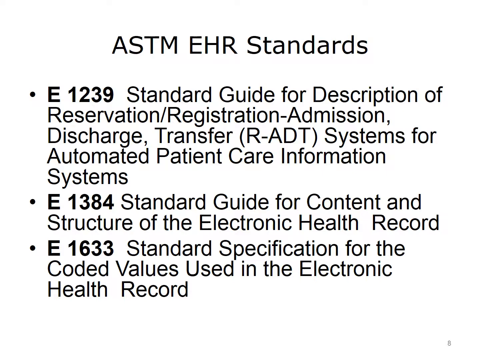E1384 is a standard guide for content and structure of the electronic health record and defines a more traditional approach. E1633 is a standard specification for the coded values used in the electronic health record and deals with the issues of terminology and data representation. These standards have education value even though they may not be used to define a specific system.